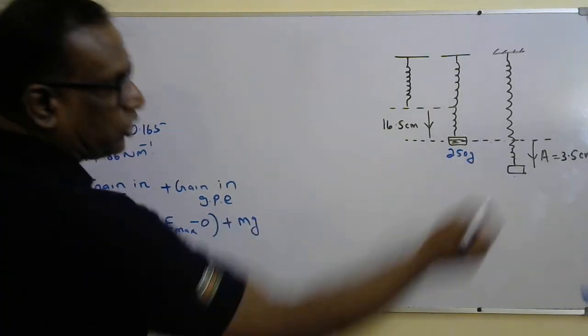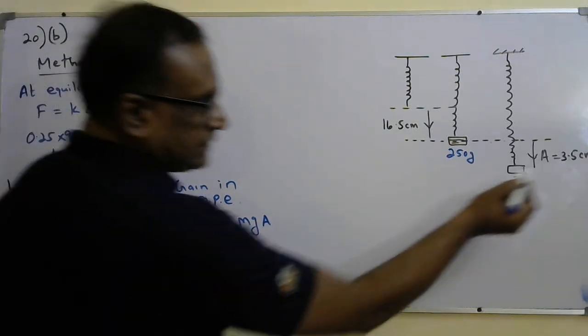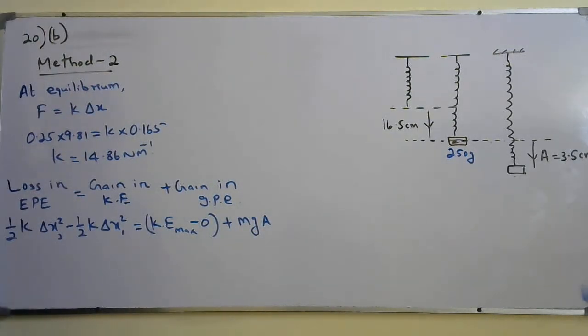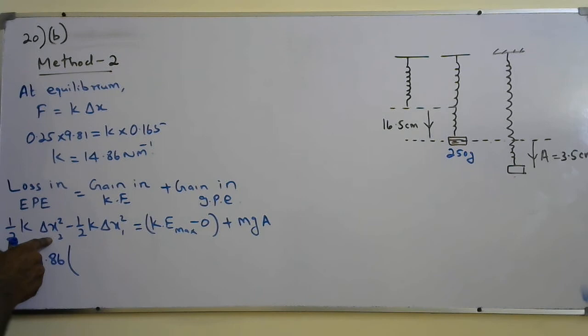H I am going to put as 3.5. I will put mgA, where A is the amplitude, which is 3.5 centimeters. That is the h. Okay, so half k I can take common. Half into k is 14.86, times delta x2 squared.